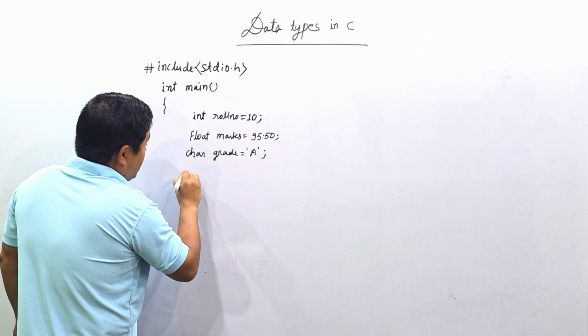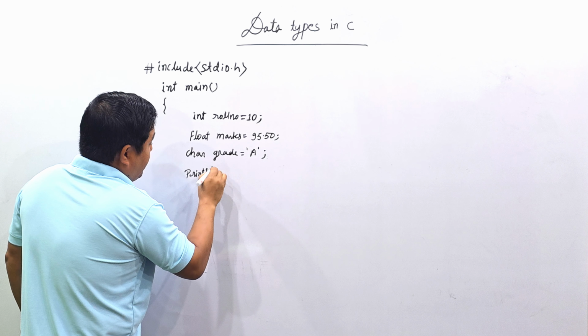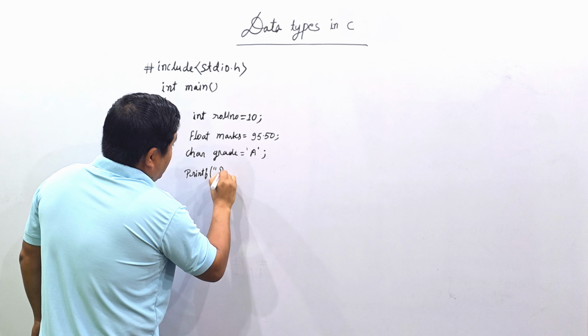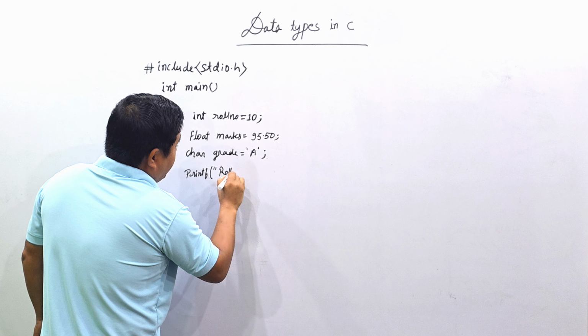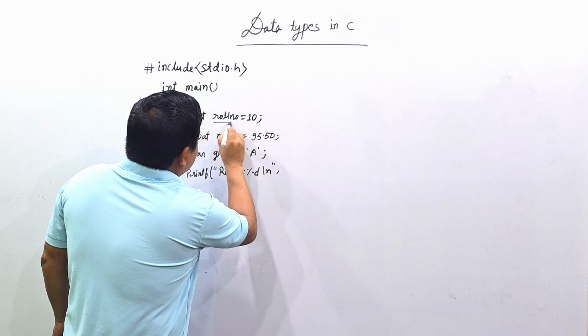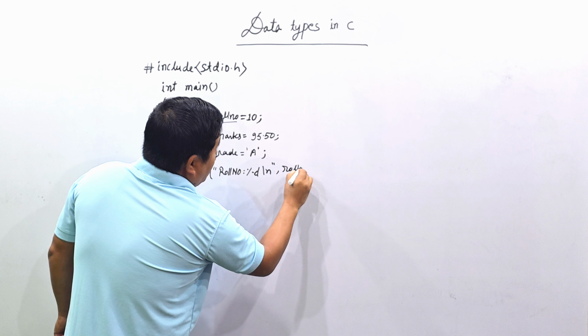So printf, double quotation mark, roll number, percent d. Percent d represents int. Then backslash n, close the double quotation mark, comma, and the variable defined here, roll number.